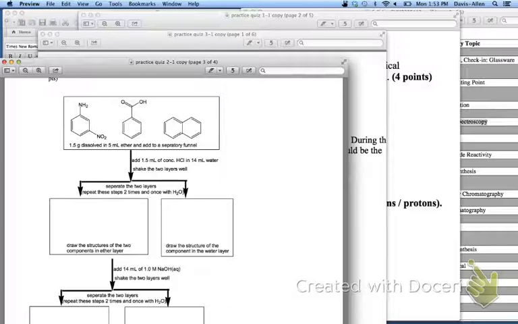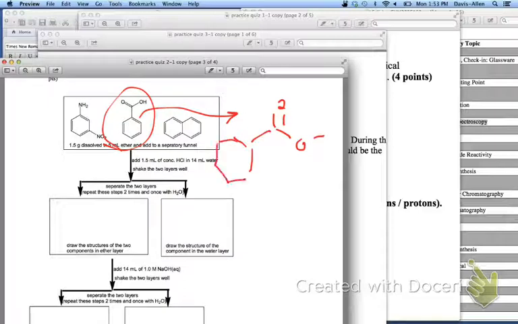And it doesn't have to be positive, it could be negative. In fact, when the acidic compound reacts, benzoic acid reacts with a base, we end up generating our negatively charged species. So if you see an ion, you should immediately be thinking water soluble. Without the ion, organic soluble. Okay, that's pretty much what extraction is going to come down to.